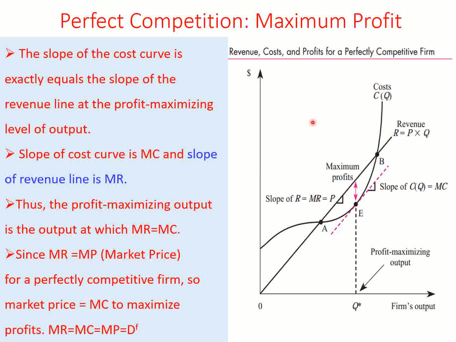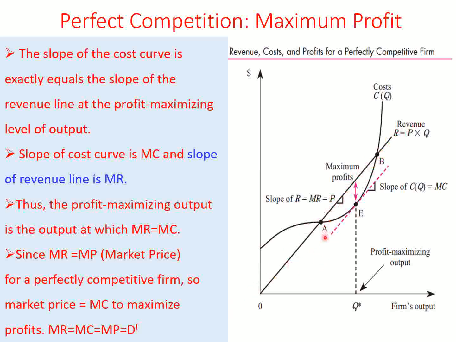Let's look at this graph. As we know from mathematics, here is a cost curve, and there is a revenue curve, which is a straight line. The slope of the cost curve is exactly equal to the slope of the revenue line at the profit maximizing level of output.